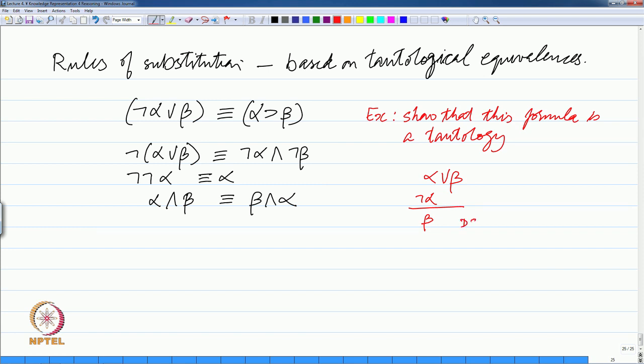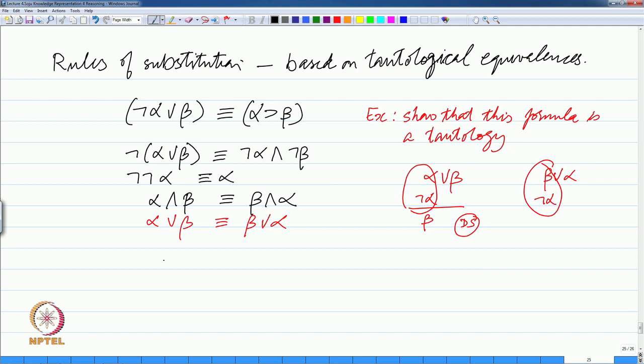But what if you are given beta or alpha and not alpha? Obviously, the pattern matching will not help here, because this rule says that these two formulas should be matched, whereas these two formulas do not match. Whereas, this kind of a rule, which as you know is commutativity, alpha and beta is equal to beta and alpha, helps. So, I could have substituted the commuted form, and then I could have applied the disjunctive syllogism. It allows us to do all these kinds of things.